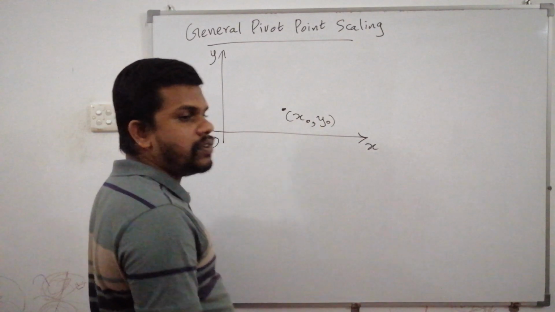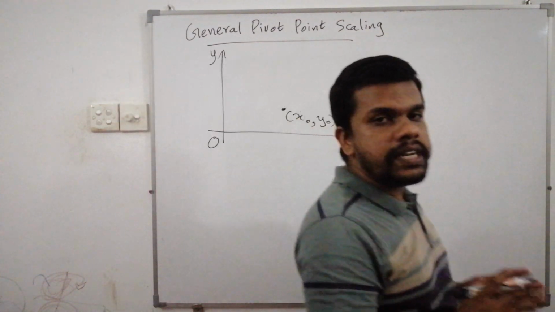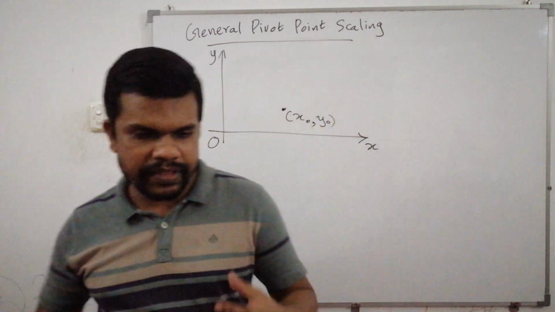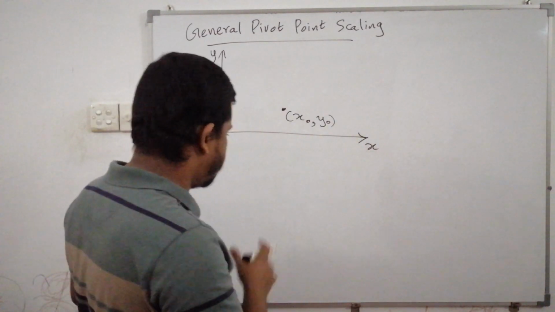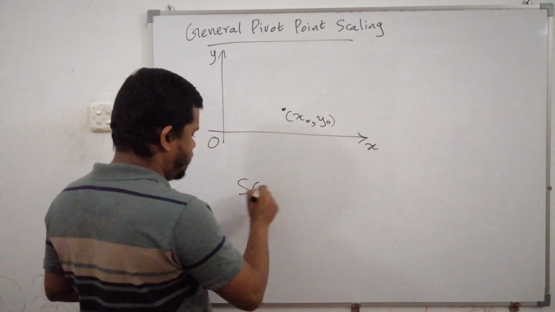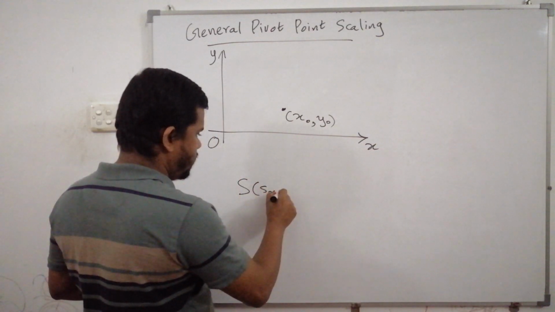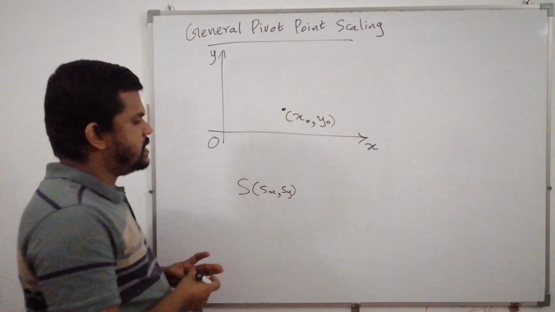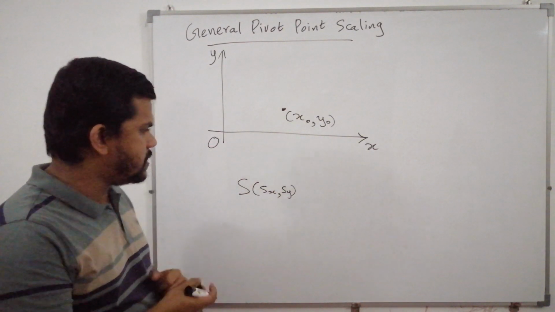This is called the pivot point. We have already discussed scaling matrices. Capital S, simple sx, sy. So these are the scaling factors.